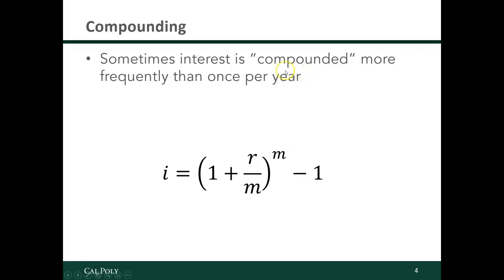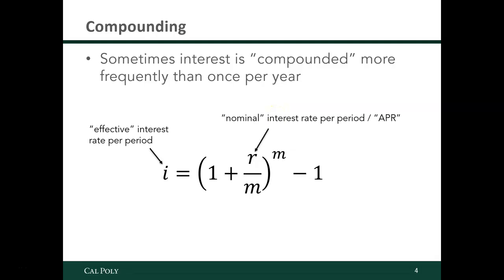This is just what the idea of compounding more than once per year means: you get your effective interest rate per period by taking the nominal interest rate per period, the interest rate that you say that you're compounding more than once per year, and you divide that by the number of times that the interest rate is compounded per period, and you take this quantity and you raise that to the number of times the interest is compounded per period.